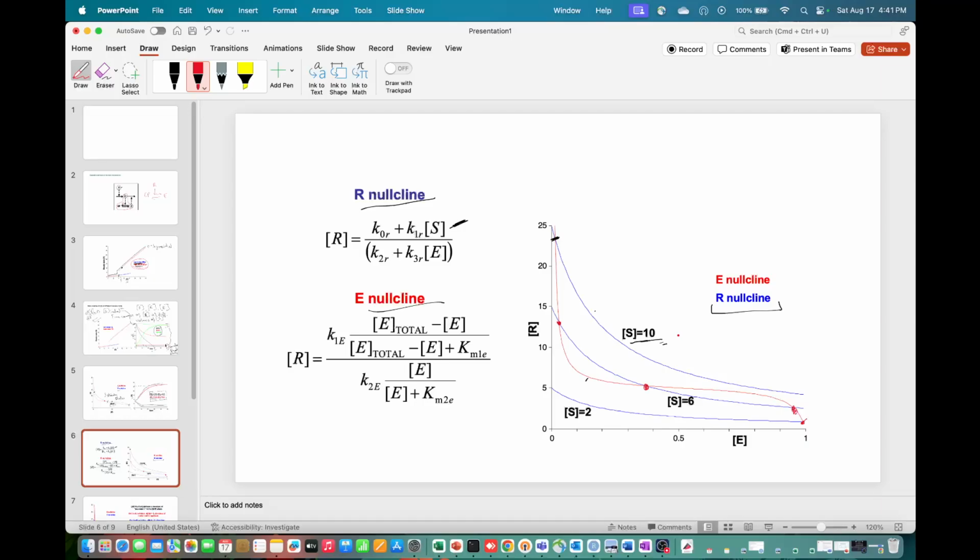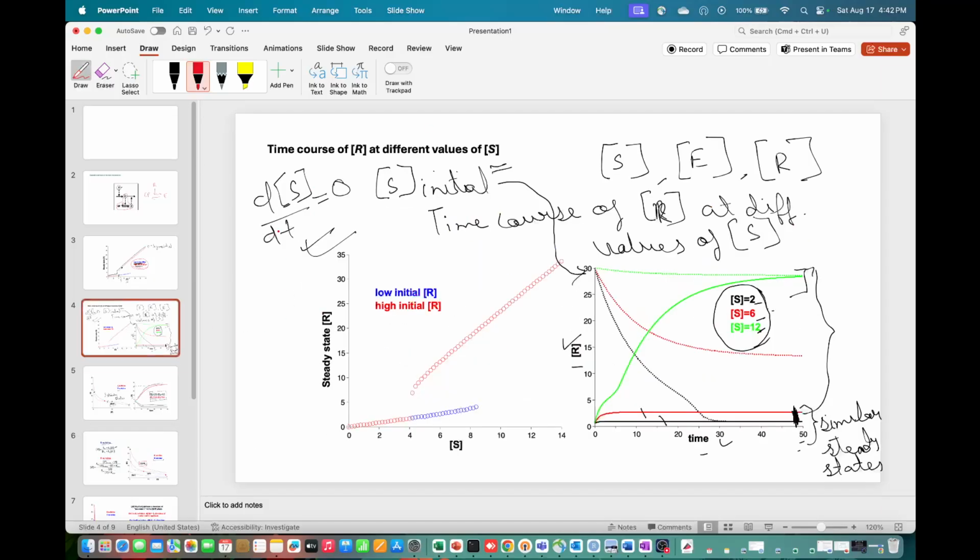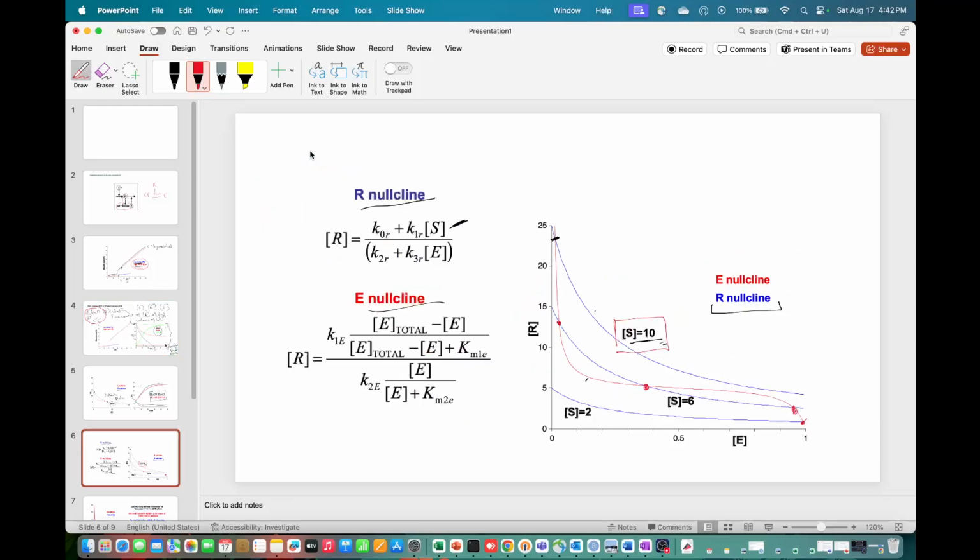Now why this is important is that your stability depends on the concentration of S. The stability and how many steady states you're getting depends massively on your concentration of S. Although we are not modeling S because dS/dt equal to 0, it still has a very big role to play when you are trying to check the behavior of the system.